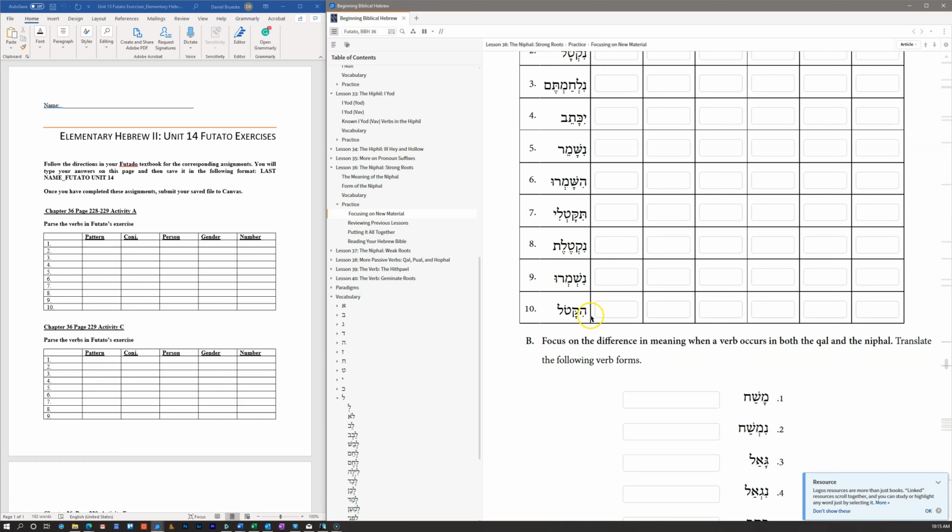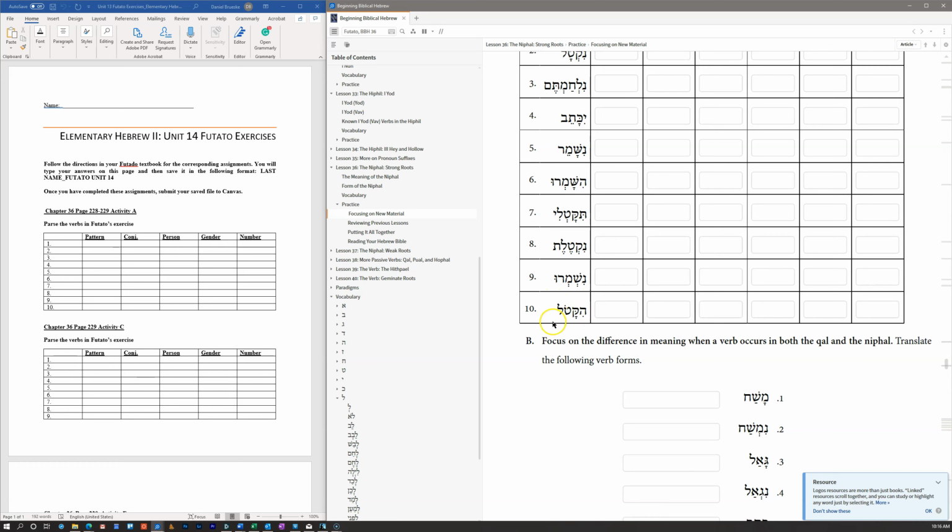Number 10, hikatol. Hikatol here, we've got, again, that situation where we've got a hey standing in for the lost imperfect prefix so that the Niphal noon doesn't come back out. So this Niphal noon prefix that is assimilated into the Qof, the Dagesh, and the Qamets, this is a sign of a Niphal in the imperfect family.